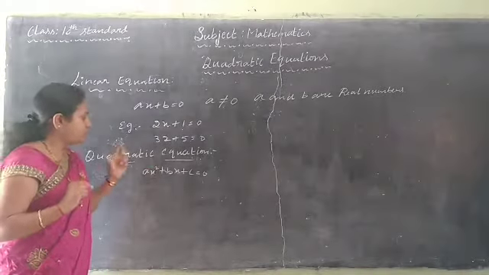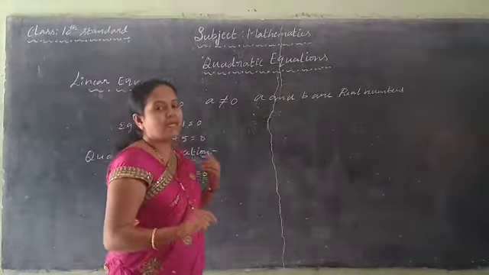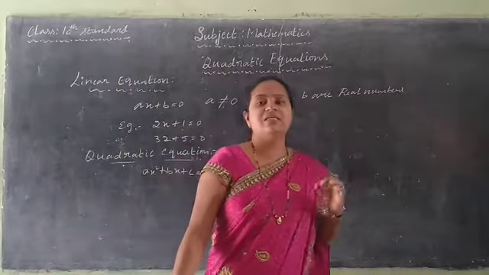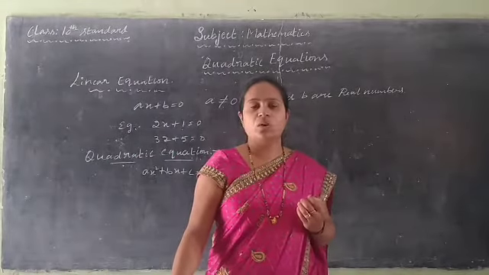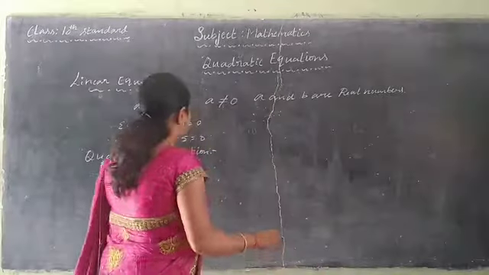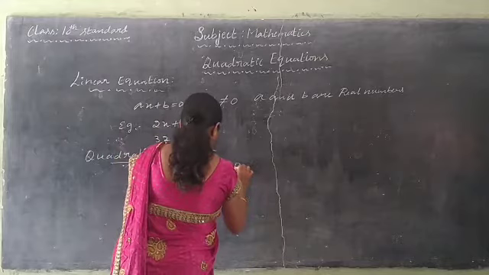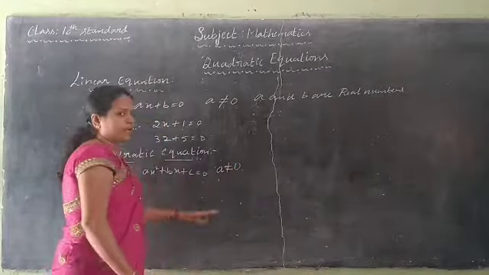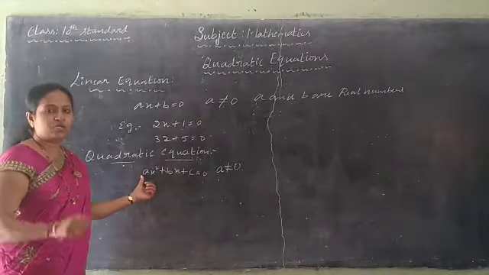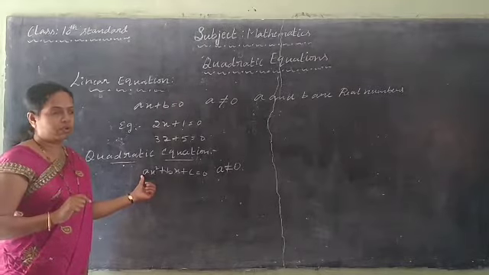Understood? So, the equations which are in the form of ax squared plus bx plus c is equal to 0 are called as a quadratic equations. Here, a should not be equal to 0. Here also, children, the value of a is there, no? It should not be equal to 0. Got it?